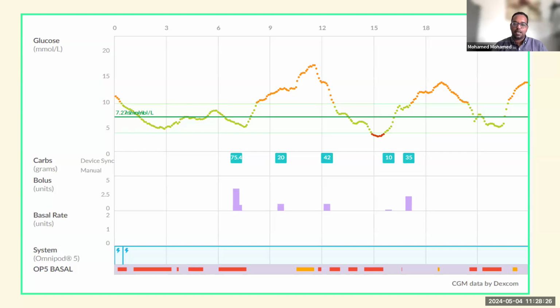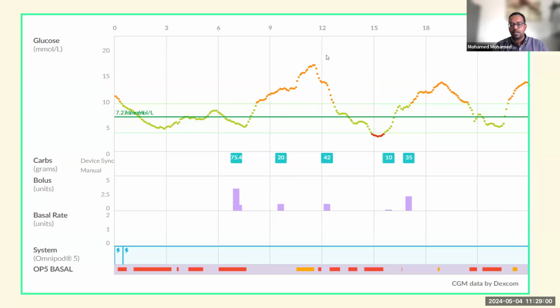So if I see this patient in the clinic, and again, bear in mind, this is not based on one day, you have to look for patterns, look at several days. If this happens to be a fixed pattern, I would bring down his target for tighter basal control, and I would change all of these ratios to give him more insulin with his meals. The hypo here is likely because he had too much insulin, they all work together along with the basal insulin, and then he had a hypo.